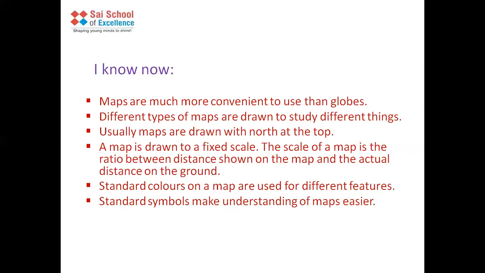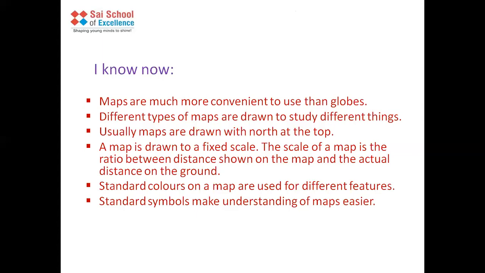So children, what did you learn from both the sessions of this first lesson? So let's recap what we learned so far. Maps are much more convenient to use than globes. Different types of maps are drawn to study different things. Usually, maps are drawn with north at the top.